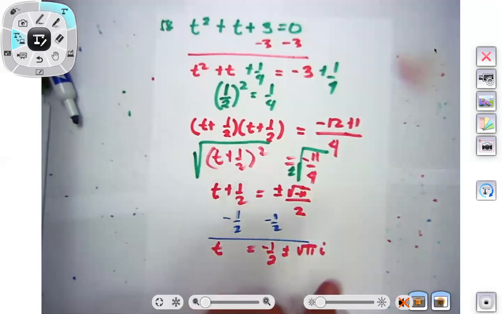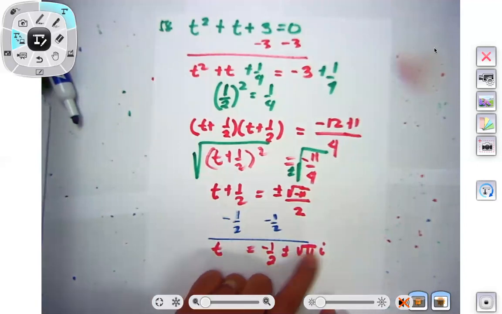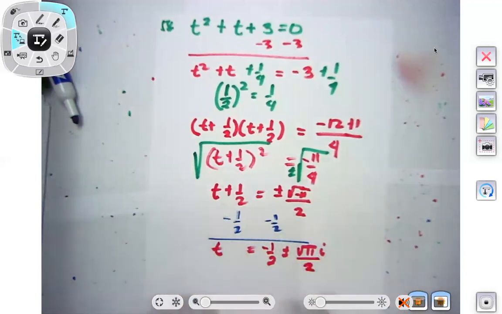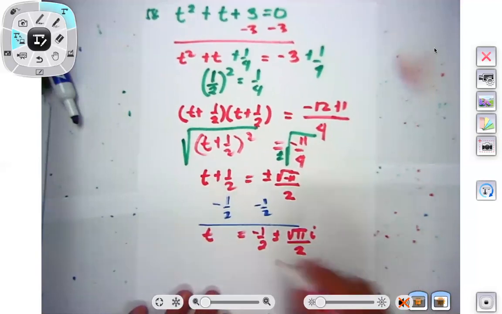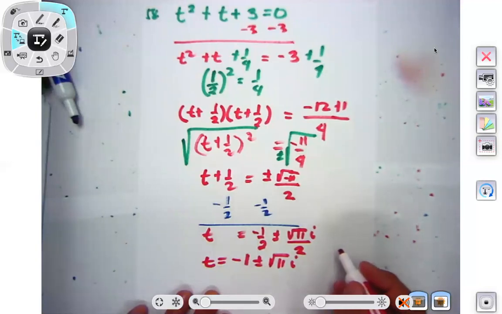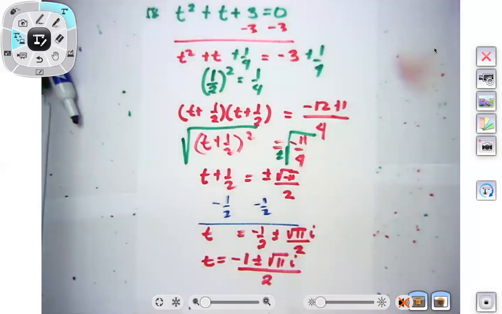If you want to write that in complex number form, it's square root of 11i over 2. But note, these are both 2, and now you can combine your numerator. So t equals -1 plus minus square root of 11i, with i outside the radical, all over 2. You can also write your answer as -1 plus minus the square root of -11 over 2 if you want.